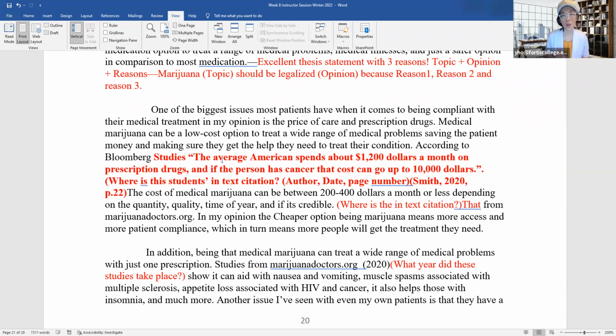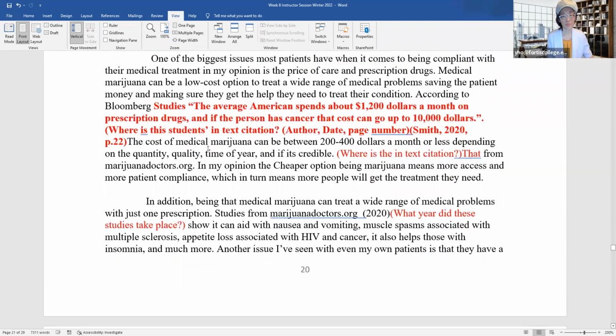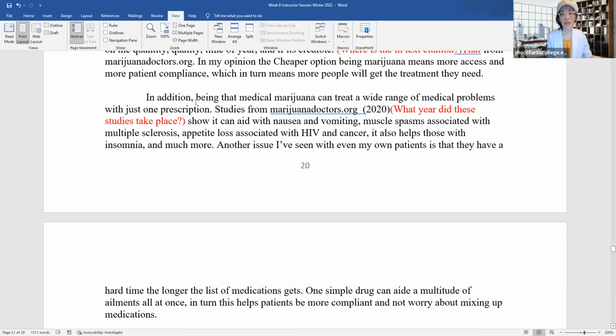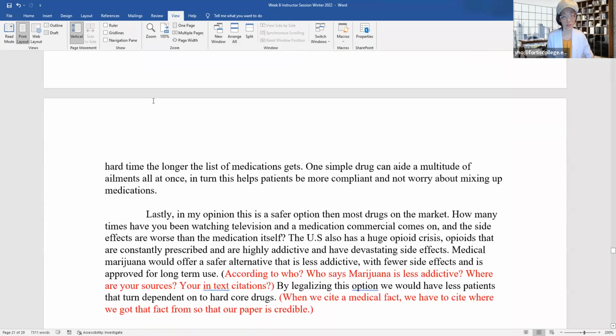So you want to avoid plagiarism by putting in your in-text citations. And so here, any kind of medical facts, you also need an in-text citation. So medical facts, scientific facts, numerical facts, and historical facts all need in-text citations.